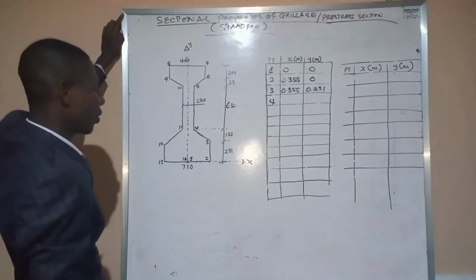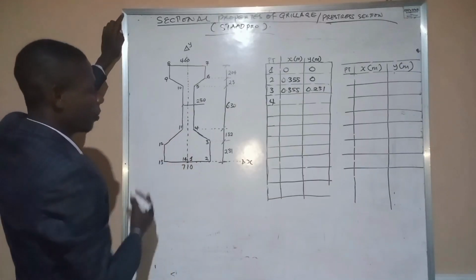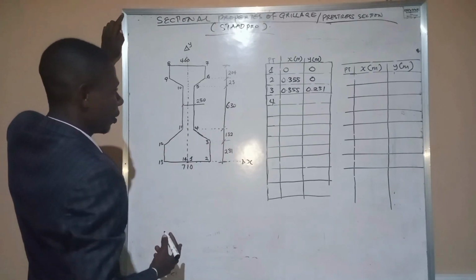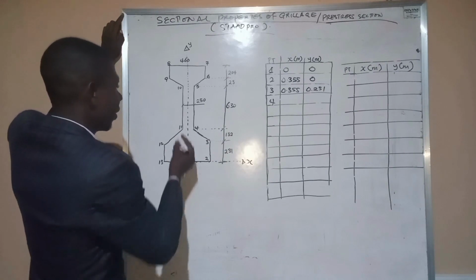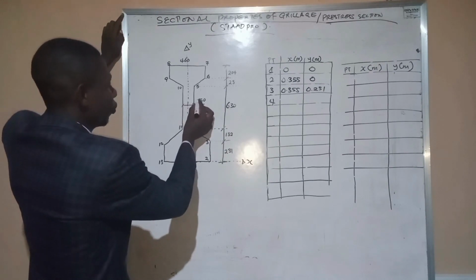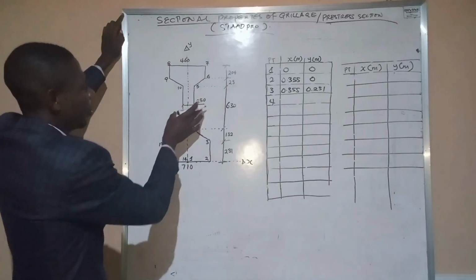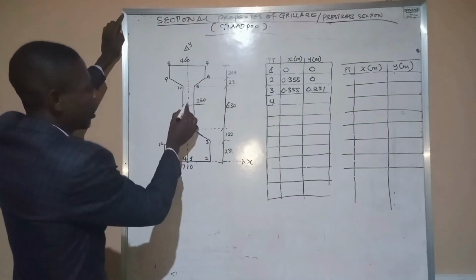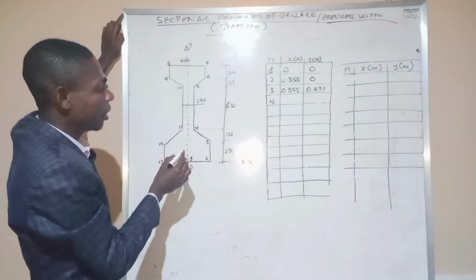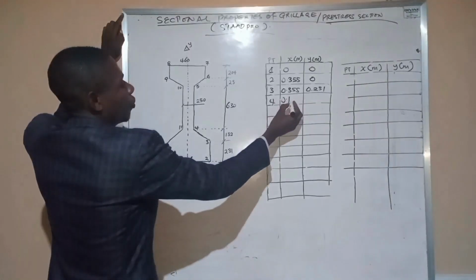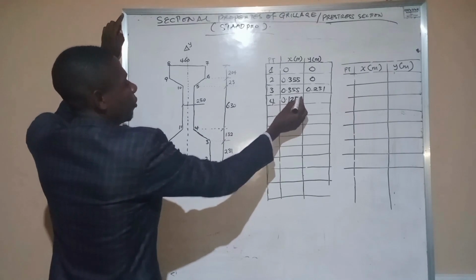At point 4, we are going to have this point. We're going to have this plus this. So the value here, remember this is 250. The web of this beam is 250. So if we divide it from the middle, we're going to have 0.125. So we have 0.125.